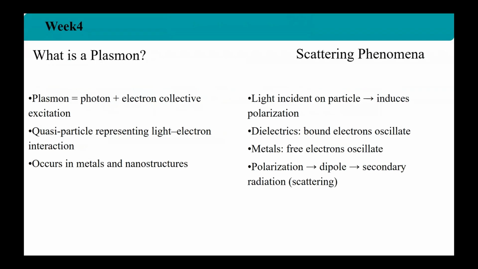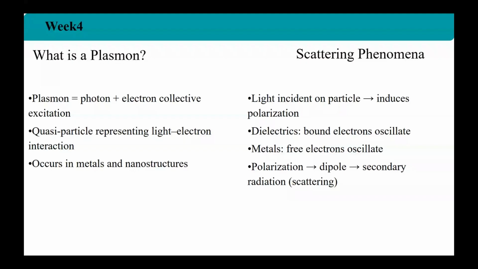What is a plasmon? A plasmon is a quasi particle, or we can say a collective excitation that occurs when a photon interacts with the electrons in matter. We can think of the plasmon as a photon coupled to an electron.